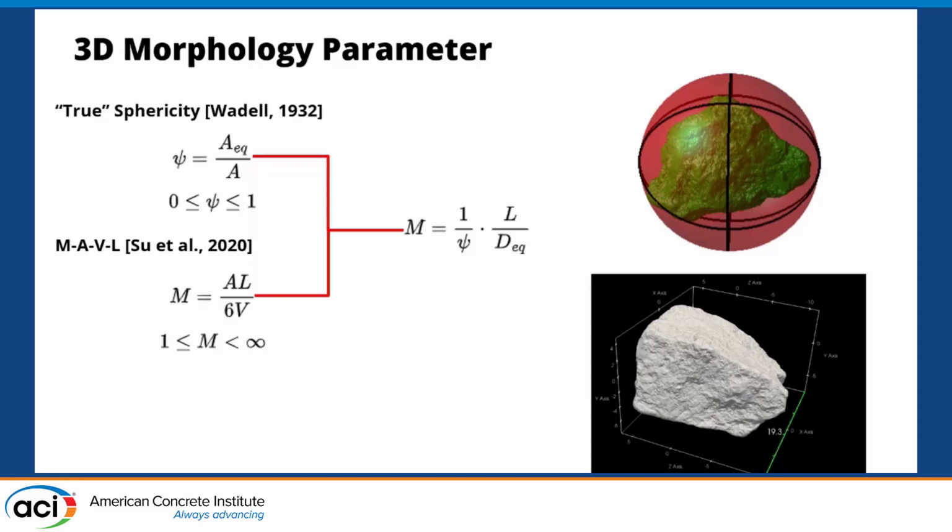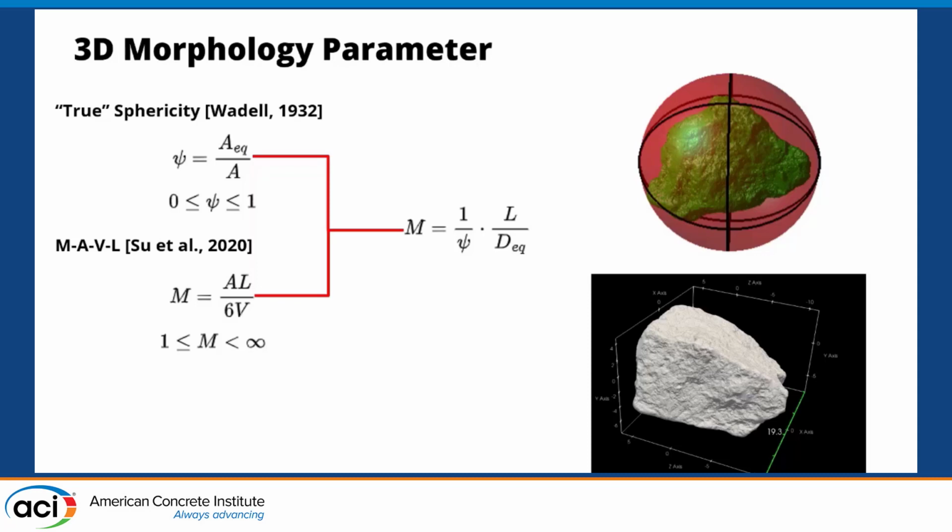That can be anything, so it's not really special. Instead, we just try one of the morphology values. But the benefit of using that form is that we can recycle the true sphericity proposed by Wadell, and highlight L divided by D_EQ, which is a term for emphasizing the elongated shape of the particle.